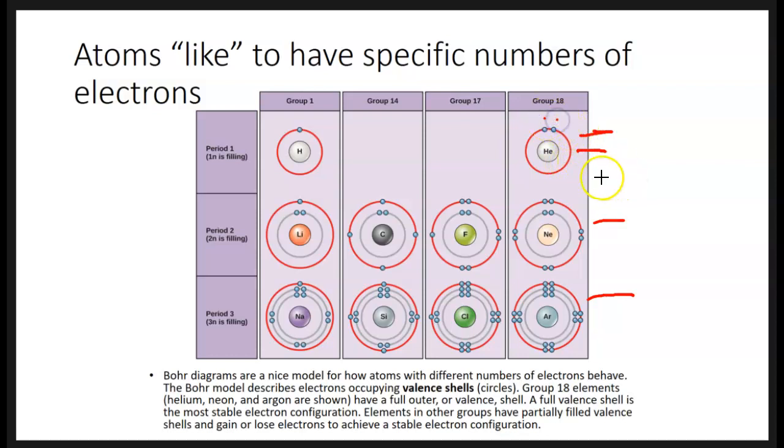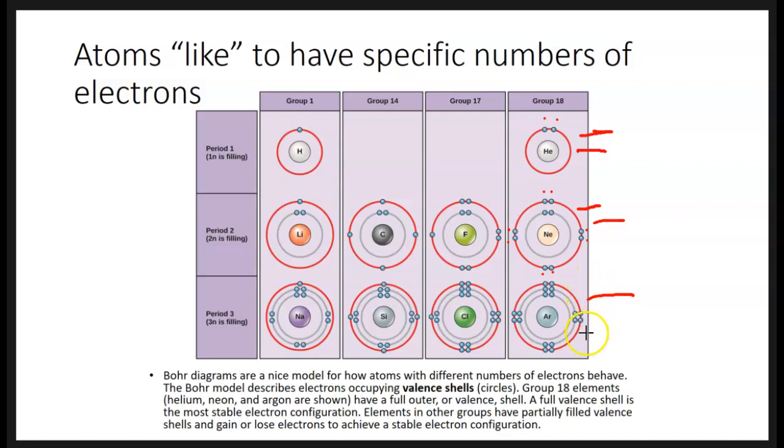Then the next ring out, the second ring, can fit 8: 1, 2, 3, 4, 5, 6, 7, 8. That is the maximum number of electrons in that shell.